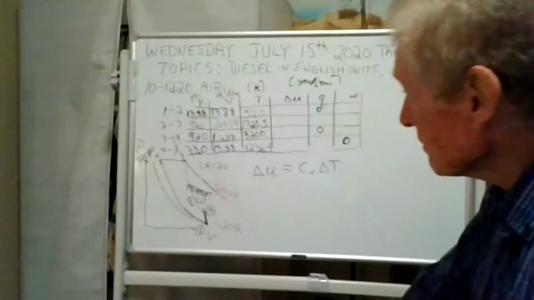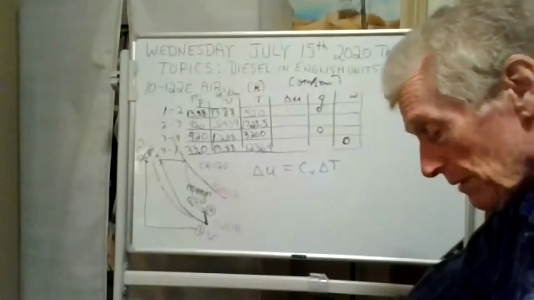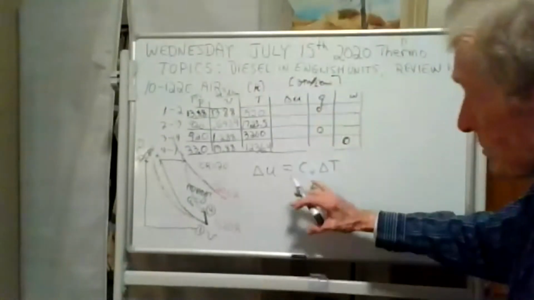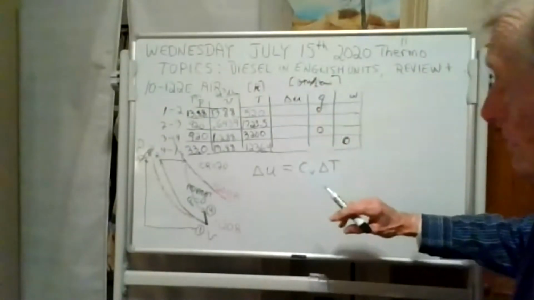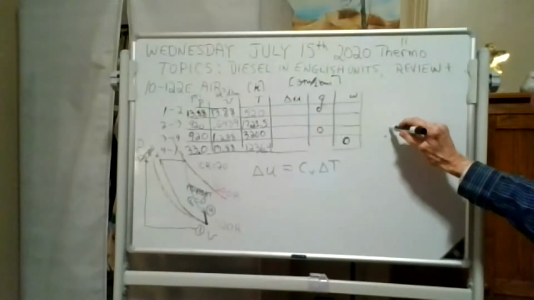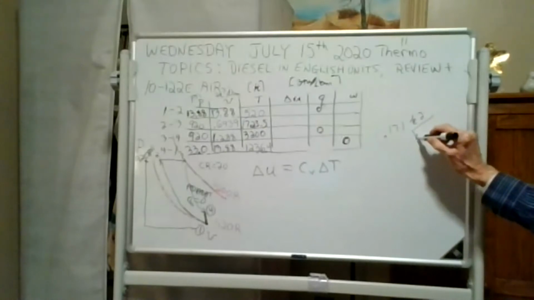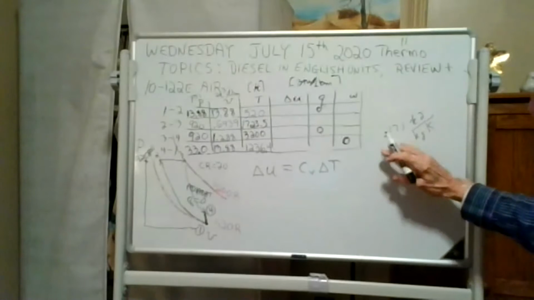Okay, now we're in English units. So this here, it's not 0.171 kilojoules per kilogram Kelvin. See, that's SI.